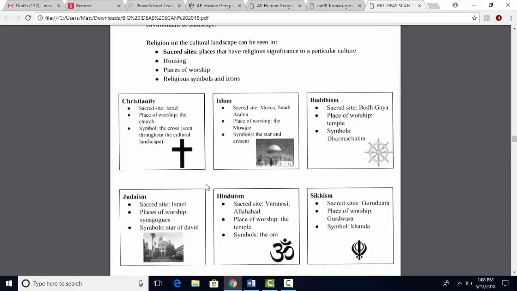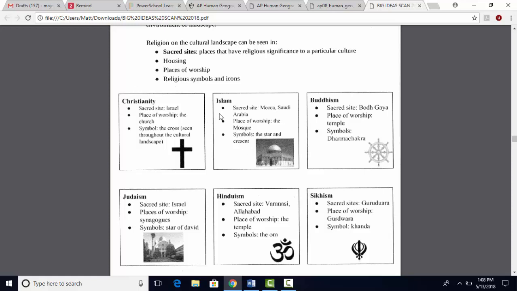Islam, remember, its sacred sites are Mecca and Medina in Saudi Arabia. Its place of worship is the mosque, remember, and of course the domed structure that we see. Remember, both Christianity and Islam liked for their houses of worship to be massive and large and dominate the scene, so that people could see them from far away, and that the size and the power of the houses of worship would be a reflection of the faith itself.